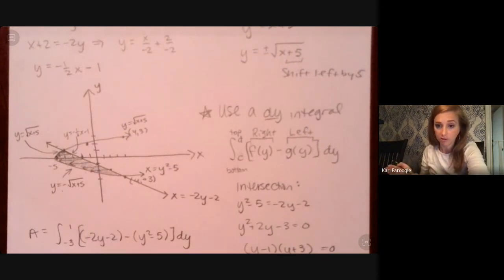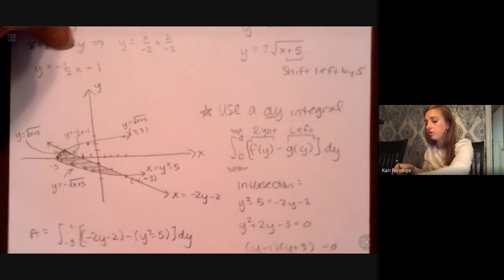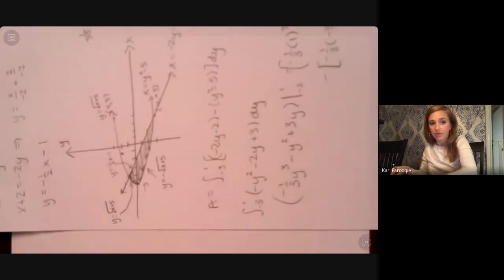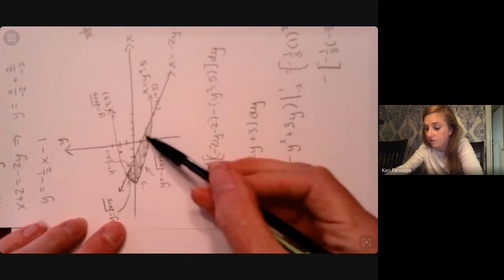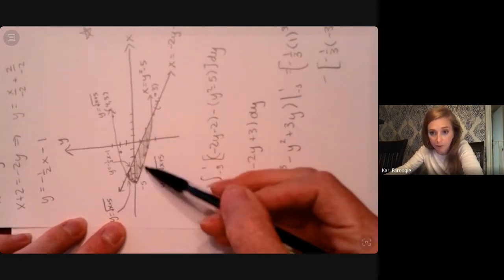I also suggested that if you really have a hard time seeing these from right to left versus top to bottom, you can rotate your page counterclockwise 90 degrees. It's got to be counterclockwise. Then your right to left becomes top to bottom.